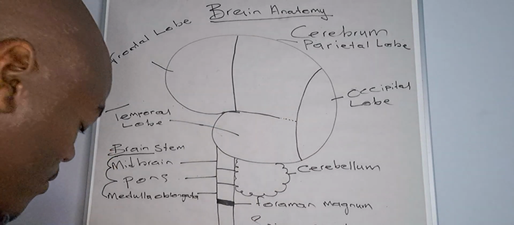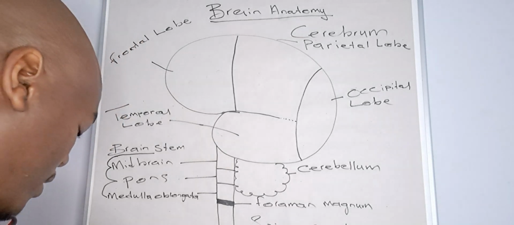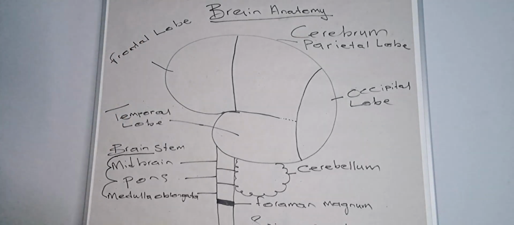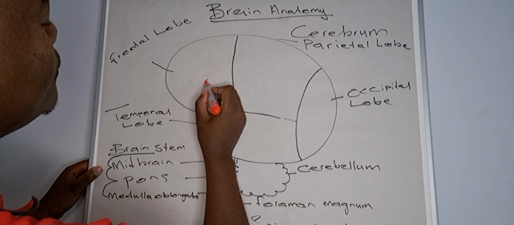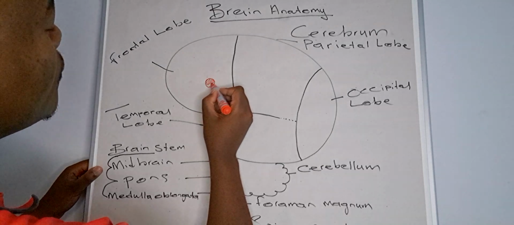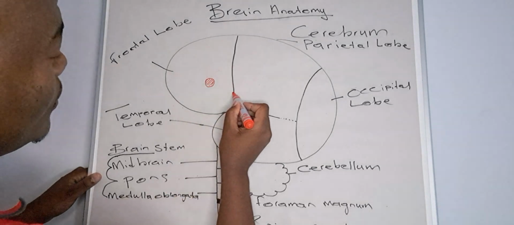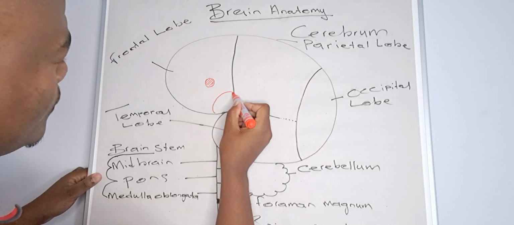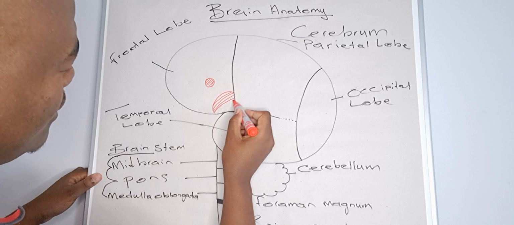But somewhere around, let me rather use another color to demonstrate that one. Somewhere around here, we have an area, a useful area.